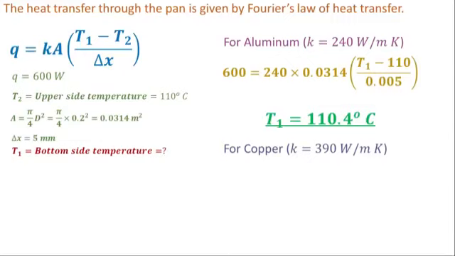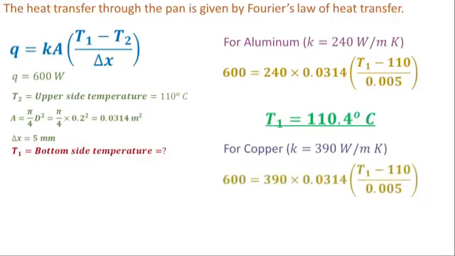We have to put the value of K in Fourier's law of heat transfer as we did for aluminium, and we put the values of Q, K, A, T2 and delta X. And for copper, the bottom side temperature, the surface which is exposed to the stove, comes out to be 110.25 degrees centigrade.